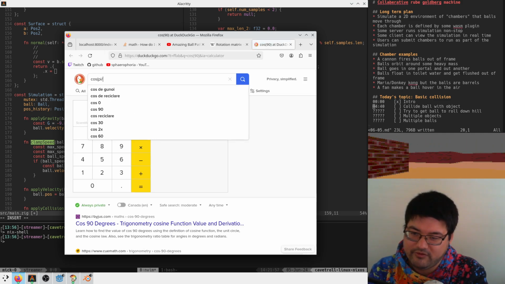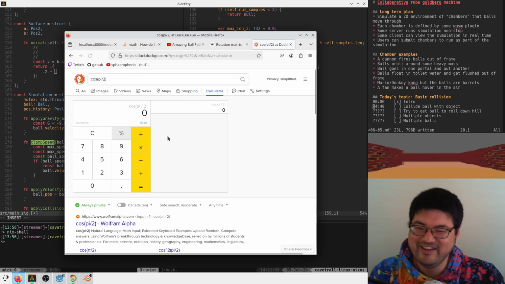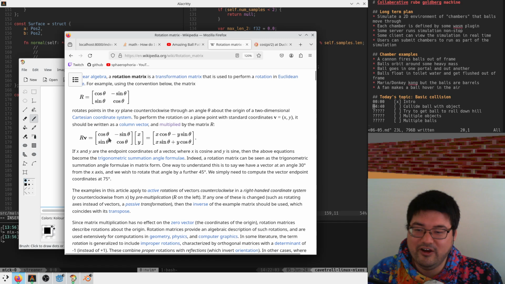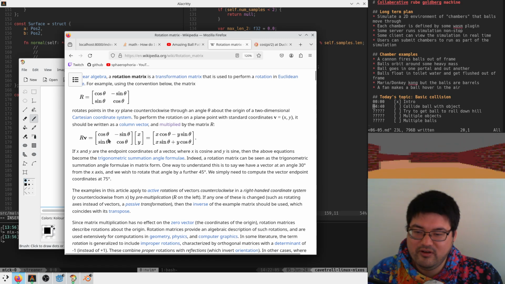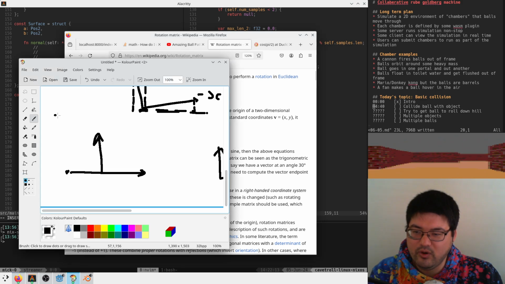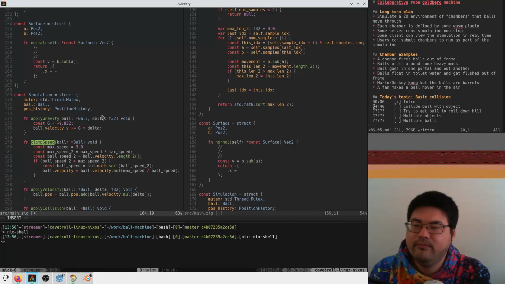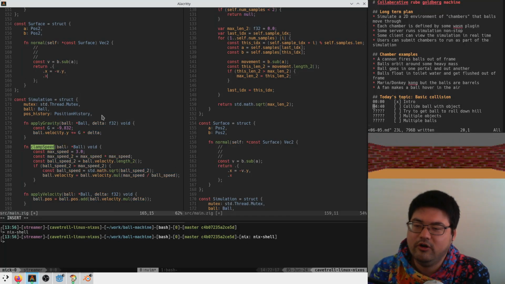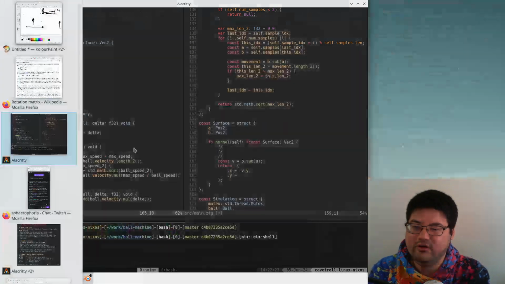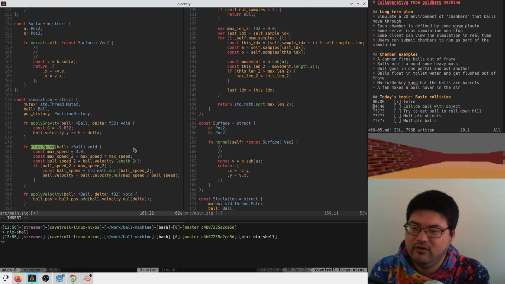Cos pi over 2. 0. Okay, so this is 0 times something, so our new x is negative y, and our new y is x. Is that really it?